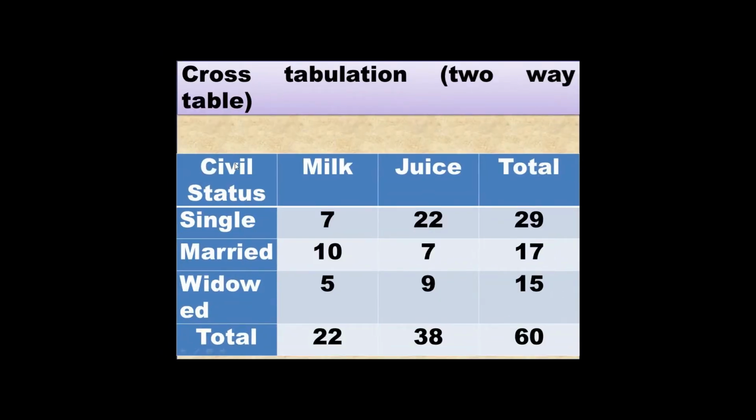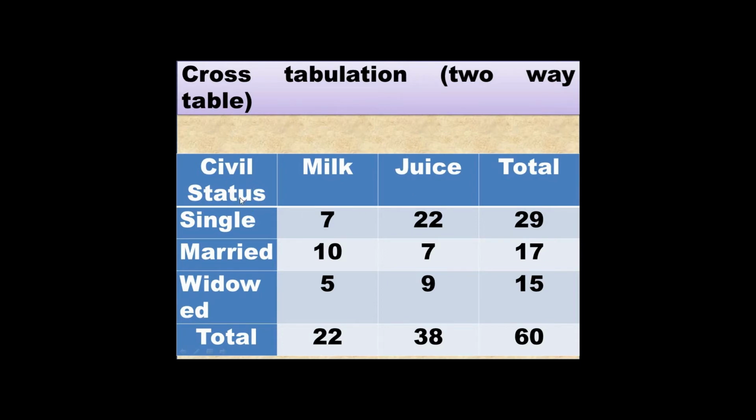The frequency table presented only the age, the frequency, and the percentage. But the two-way table presents the factor of civil status and also the factor of drinks, which is milk and juice. So in this two-way table, it presents two variables or two factors at the same time.